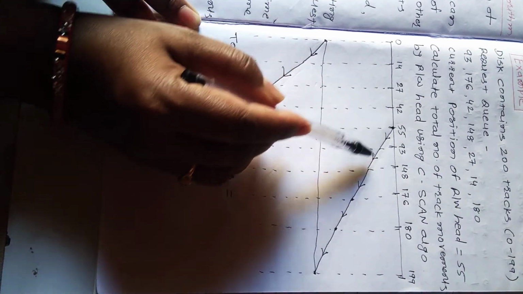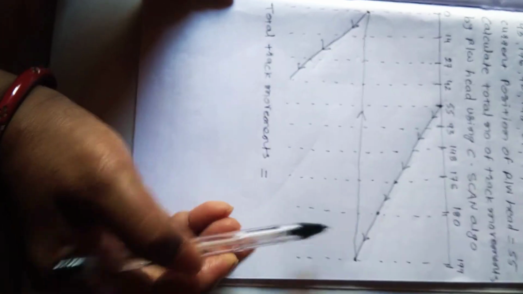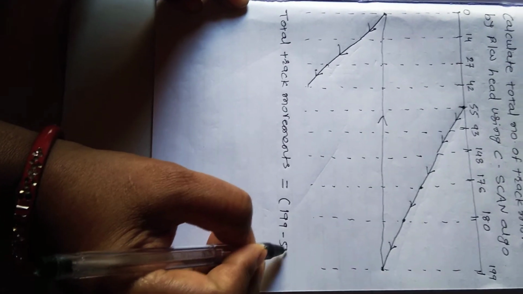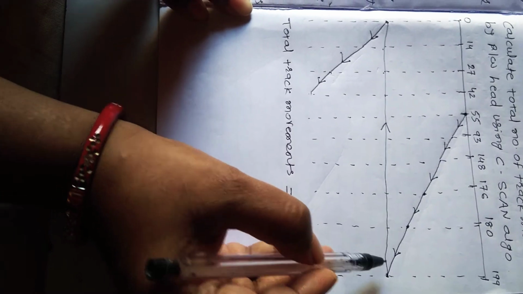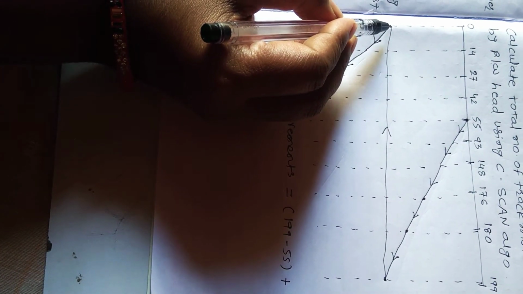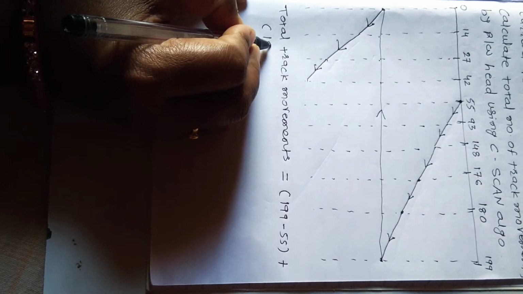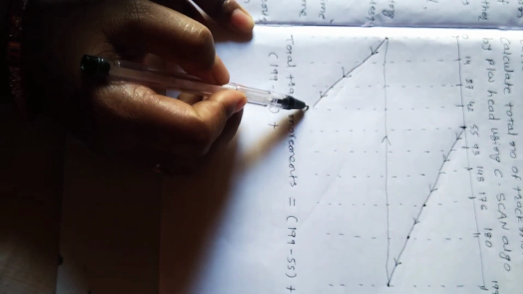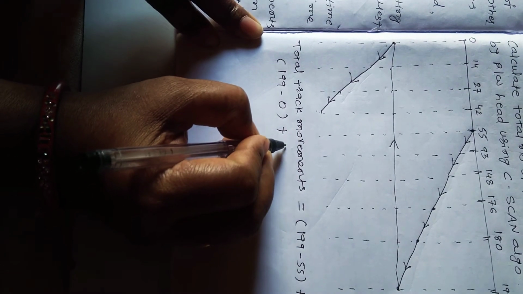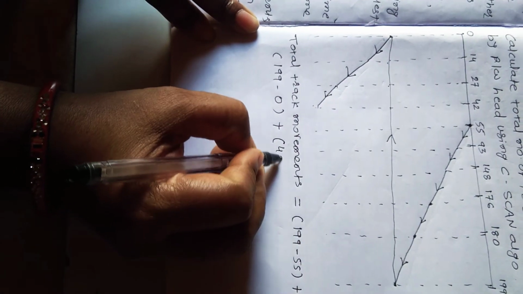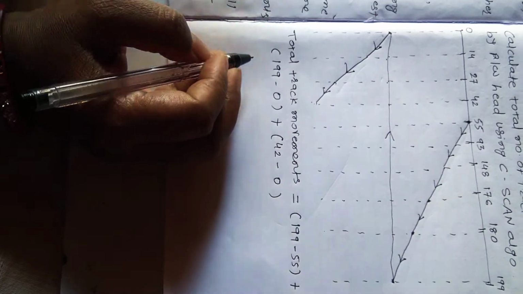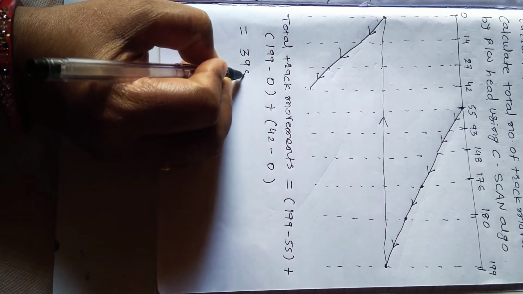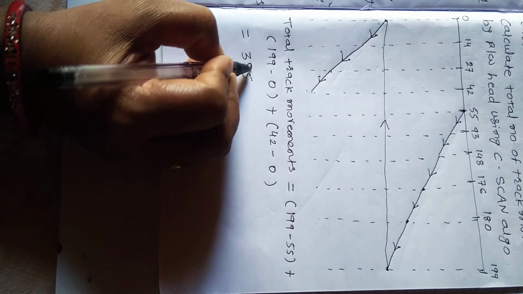Since all these requests are in one direction, we can consider 199 minus 55 plus, then from 199 it moves to 0, so 199 minus 0 plus, since from 0 to 42 all requests are in one direction, 42 minus 0. The answer for this is 385 cylinders.